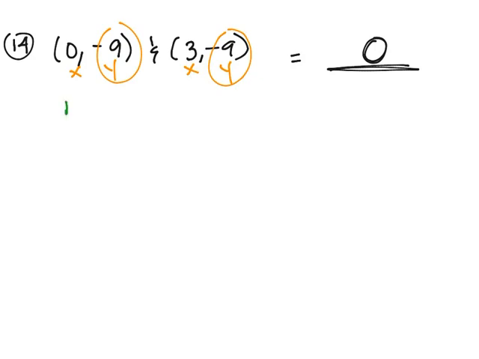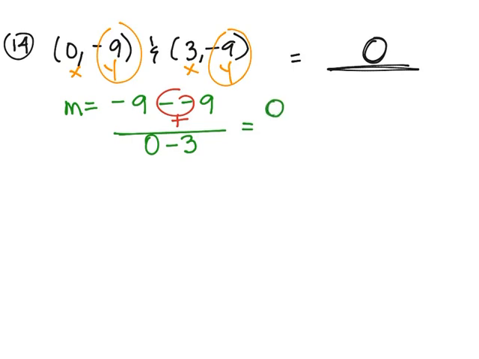But I will show the plug-in for finding the slope. And that would be negative 9 minus a negative 9. Keep in mind those two negatives make a plus. Over 0 minus 3. So on top you would have 0 over negative 3, and 0 on top of any fraction is 0.